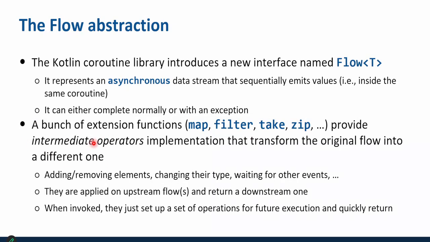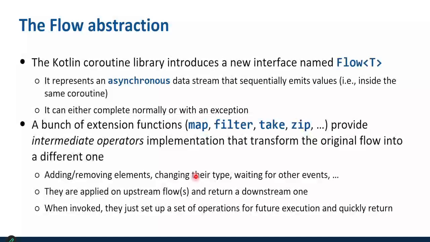What it means is that these operators set up some operations to execute eventually on the data arriving on your flows, but the execution is not triggered. You just set up a plan to filter and manipulate your data, but the execution will not happen as soon as you call them.